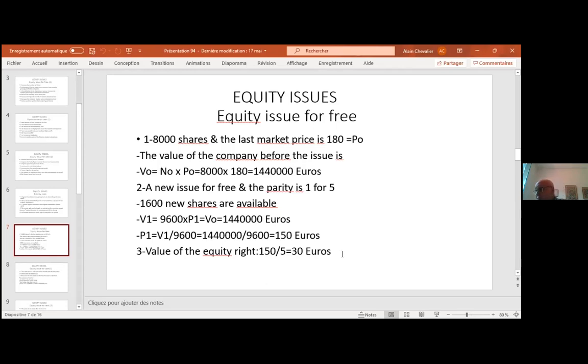So if you sell your equity rights, you will get only 6, you can get 1 more share plus cash. And if you buy equity rights, you have to bring more cash, but you get two more shares.